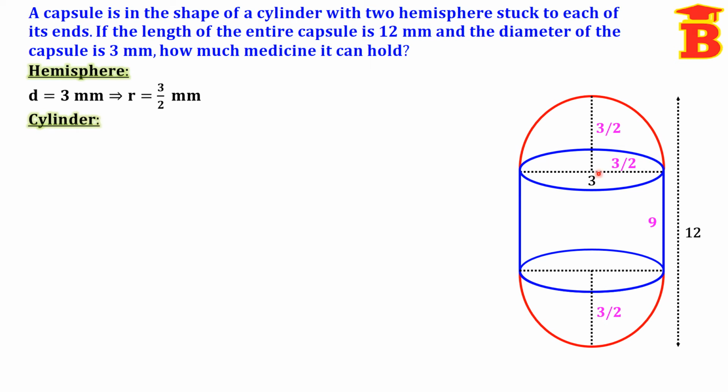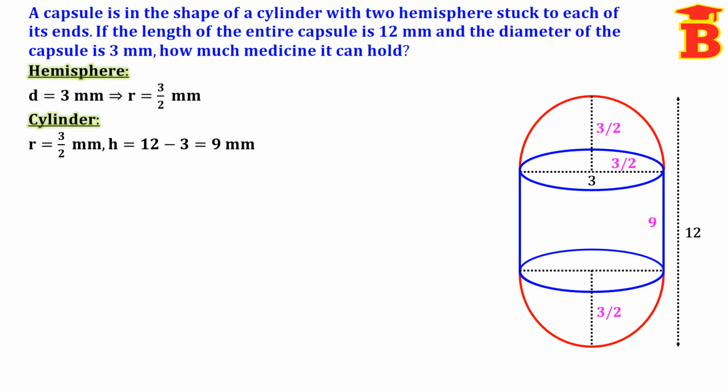For the cylinder, we have the same radius because the cylinder and hemispheres are attached together, so the radius is the same, 3 by 2 mm. And the height of the cylinder is 12 minus the heights of the hemispheres, that is 3 by 2 plus 3 by 2, which is 3. So 12 minus 3 is equal to 9 mm.